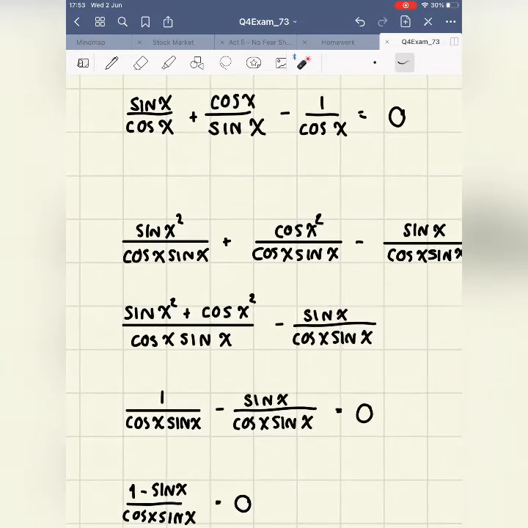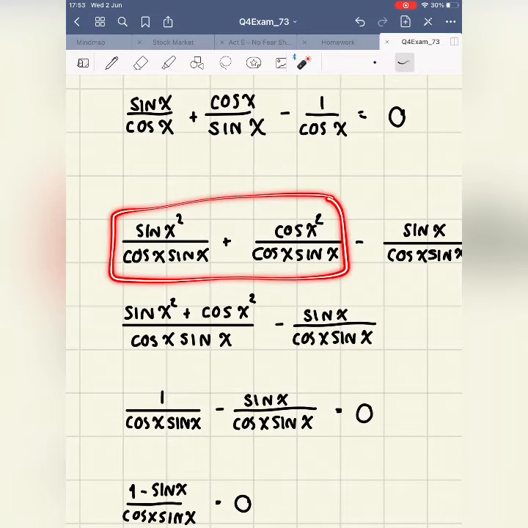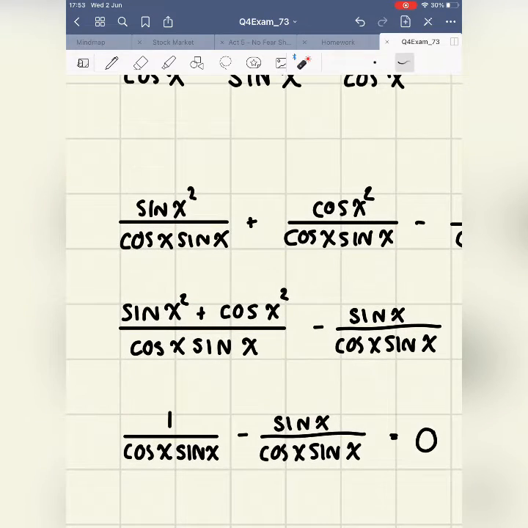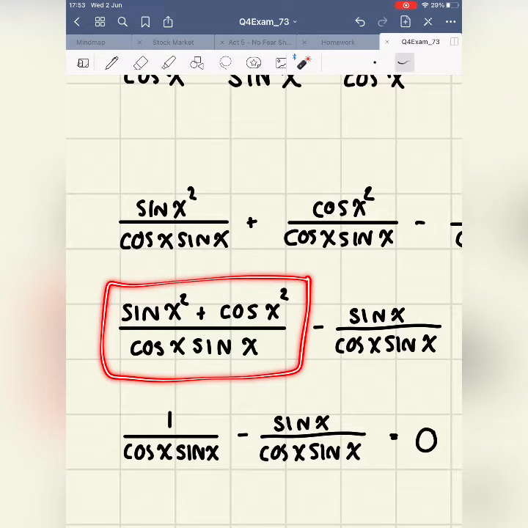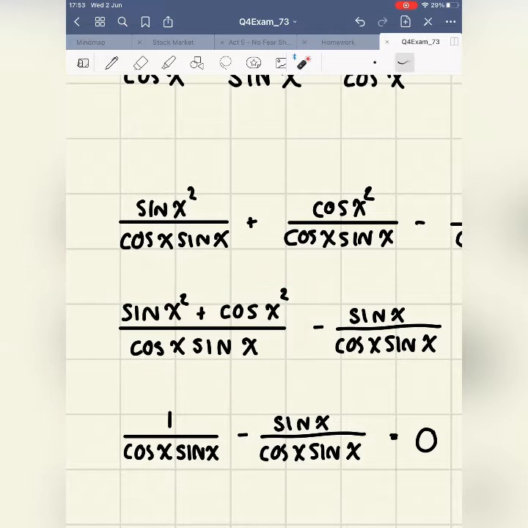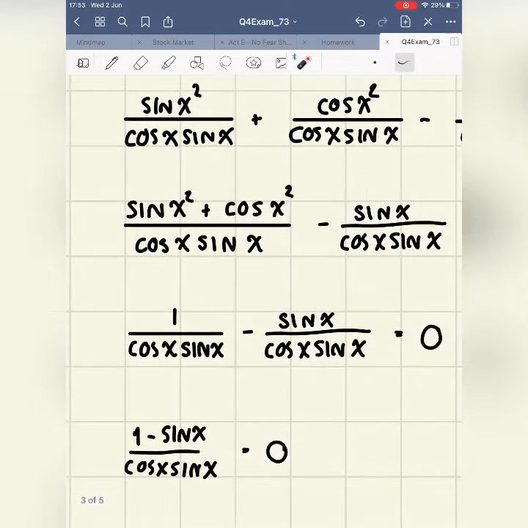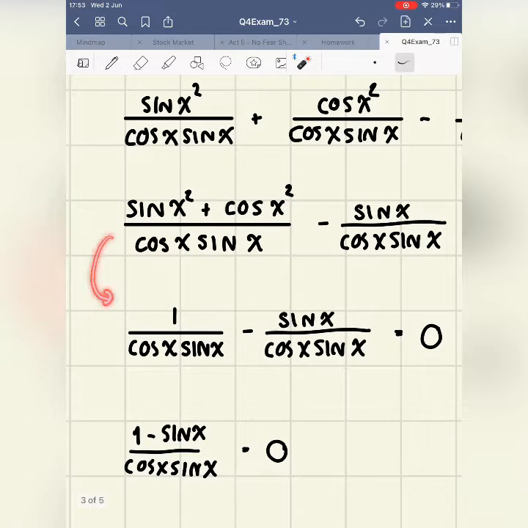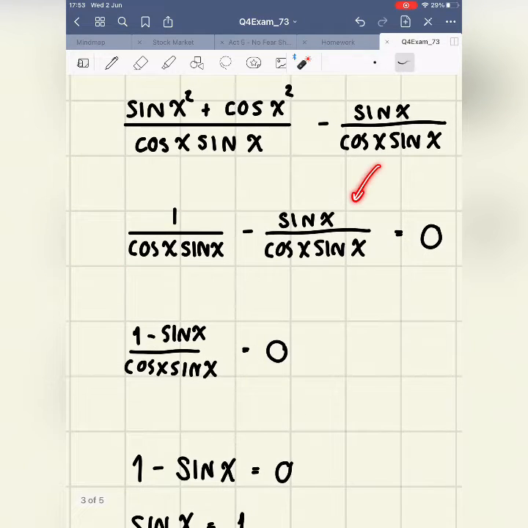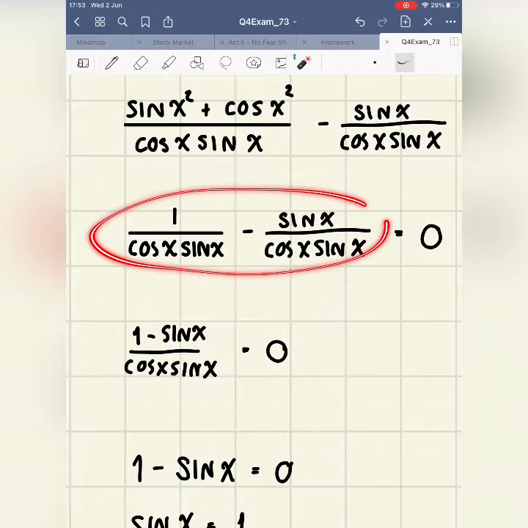Let's do this part first. Because they already have the same denominator, we can combine them to form this fraction. And we know that sin squared x plus cosine squared x will be equal to 1, so we can rewrite it into this. Take this down, and this also has the same denominator, so we can change this into this fraction.